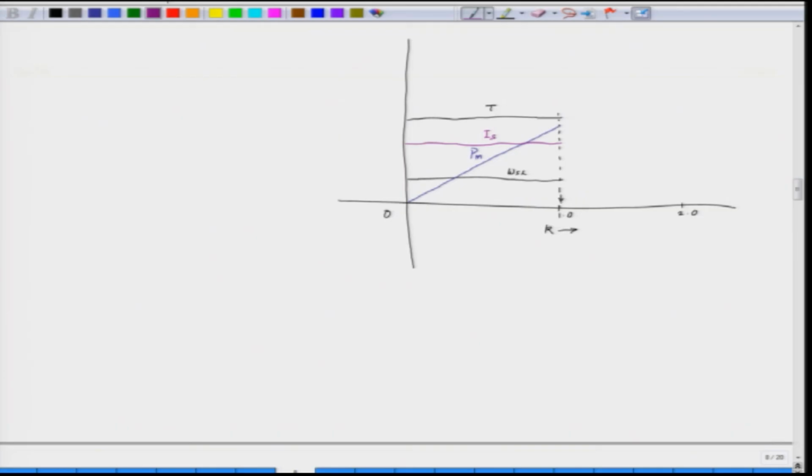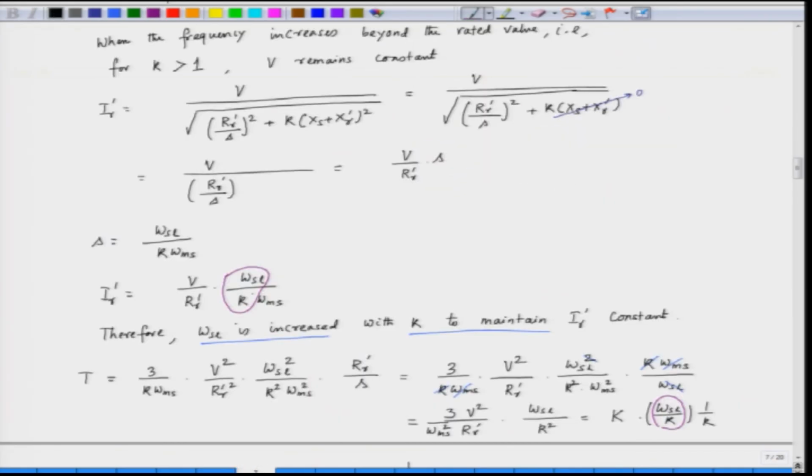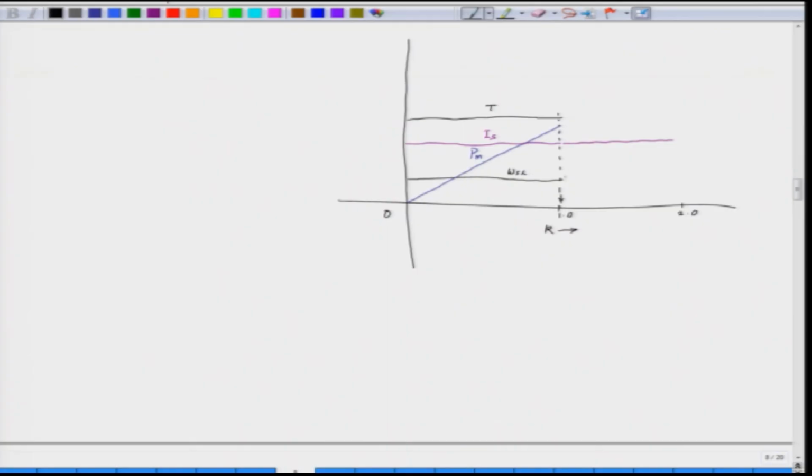And to maintain the current constant, we have to increase the slip speed, omega SL, with k. So, as the frequency, or small k, is increasing, we have to increase the slip speed to maintain the ratio constant. So, we have to increase the slip speed to maintain the current constant with k.